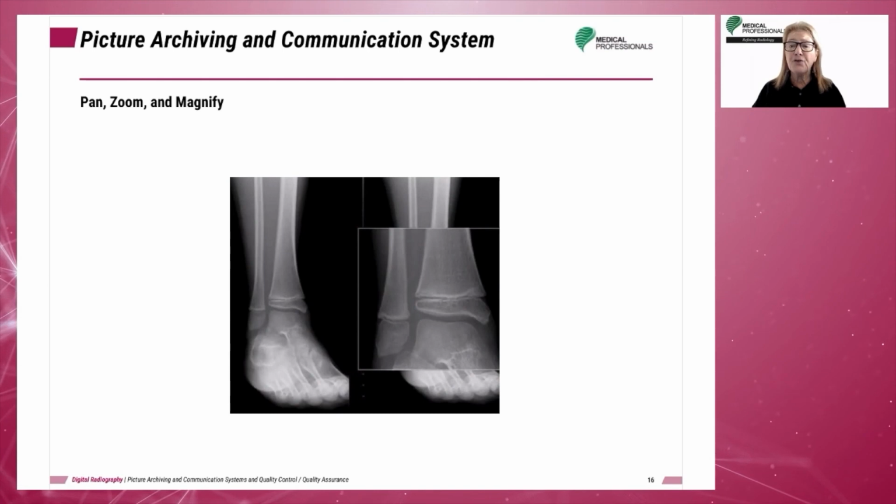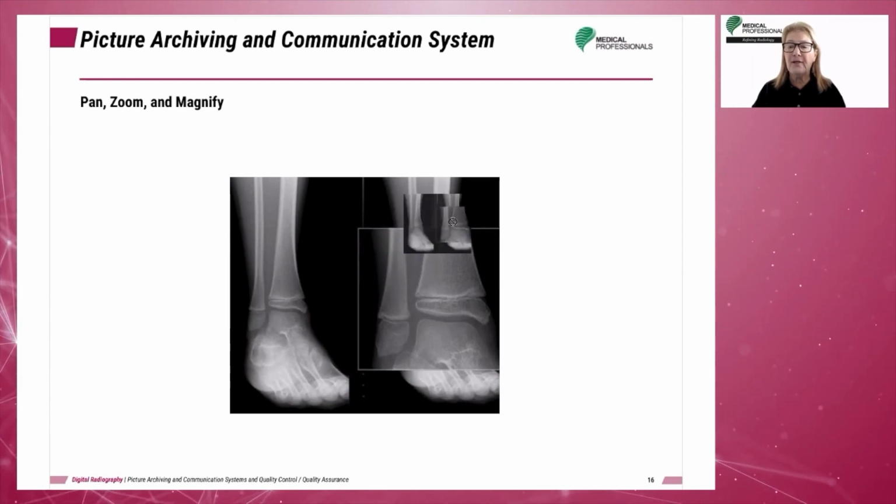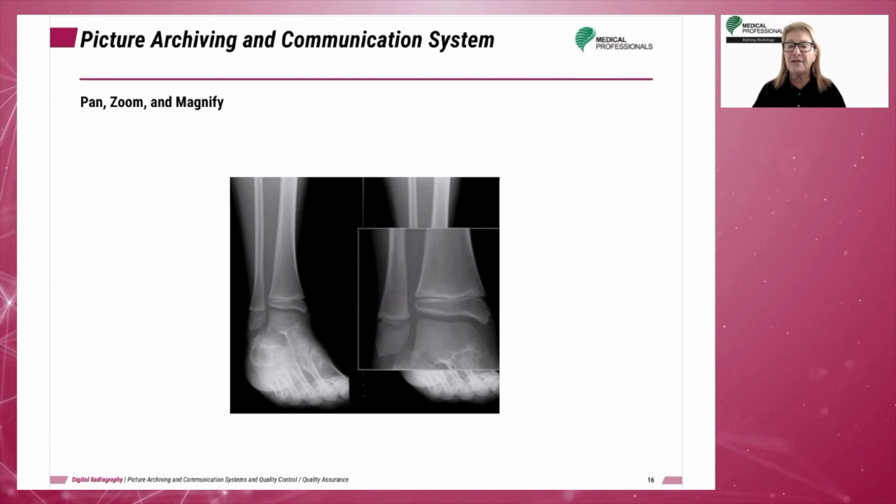Pan, zoom, and magnify are functions used by the radiologist to increase the size of a specific area. The magnify function is used to enhance the square area of an image. This square can be moved around the image to see various areas enlarged.